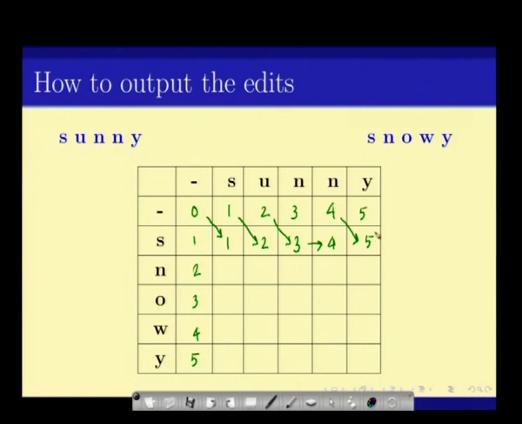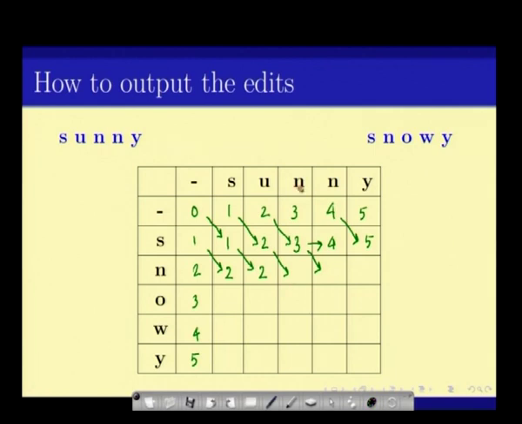I am just trying to do it in some random order. Say n here again, since it is not equal, you take the minimum of these 3 plus 1, maybe it is 2. Here it is the minimum of these 3 plus 1. So, here I have to go down and that gets 2, the minimum of these.